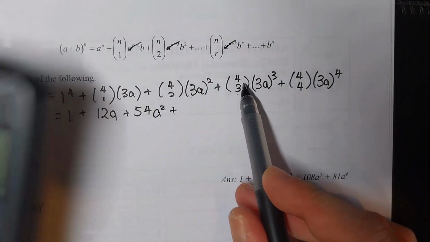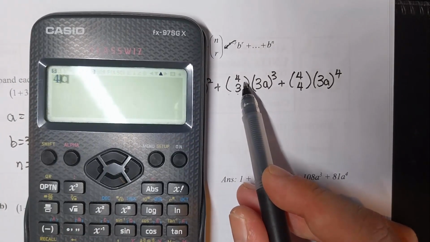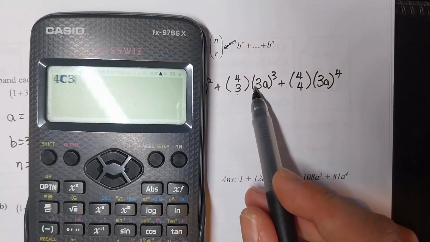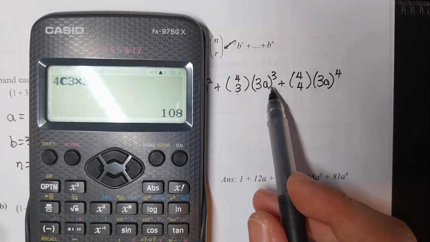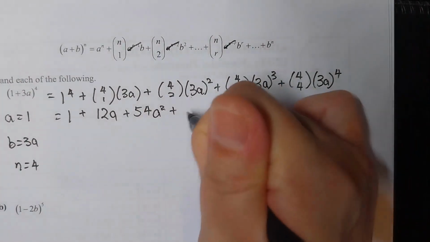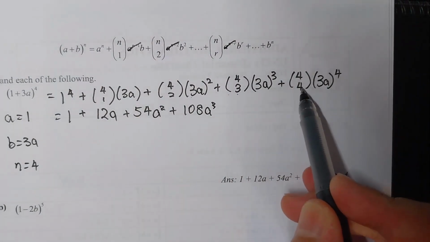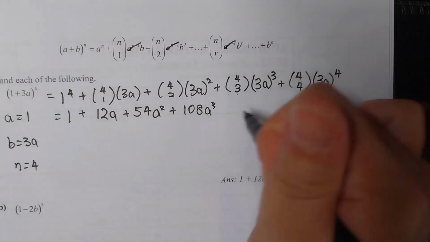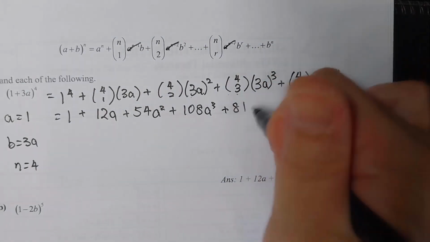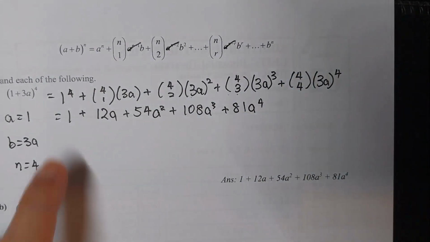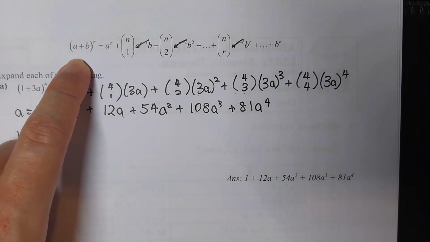Next, we will have one last time, 4 choose 3 multiplied by 3 cubed. And that will give us coefficient 108. And this will simply be 1 multiplied by 3 power 4, which is 81. And we have a power 4. And that's how we expand the term here using the binomial expansion formula.